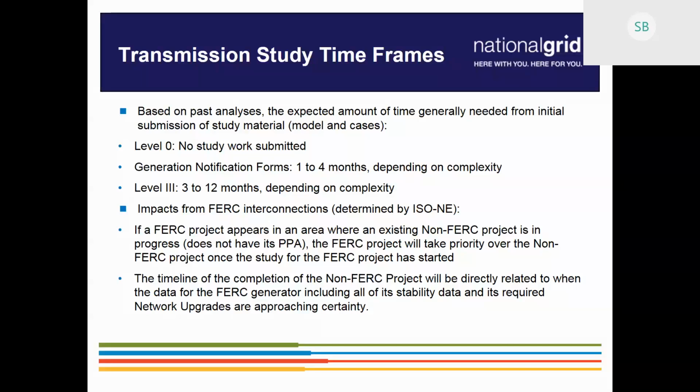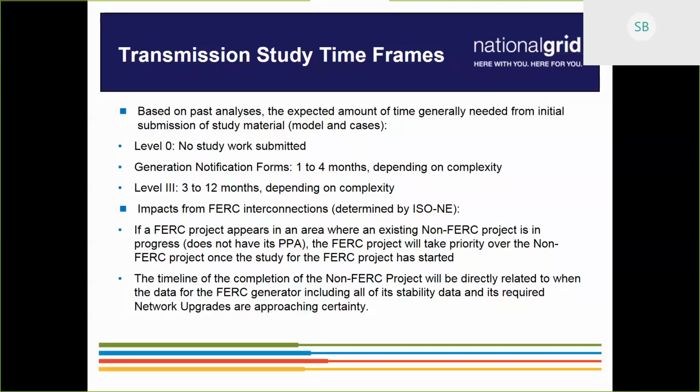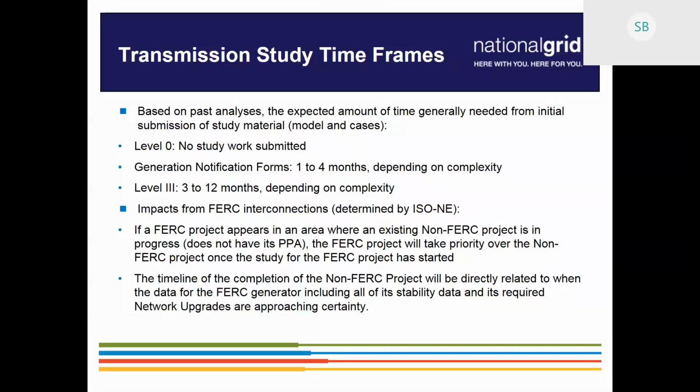That's why we talked earlier in the conversation about submitting the generator notification forms earlier in the process, getting the ISO involved, and getting an idea of what their expectation is for the amount of analysis or study that has to happen. It's not just you and your one project now. There are multiple projects, and anything going on in that area could impact the need for additional transmission studies. So I just want to emphasize that as a big part of what's going on here, and that's a big change as we continue to move forward.